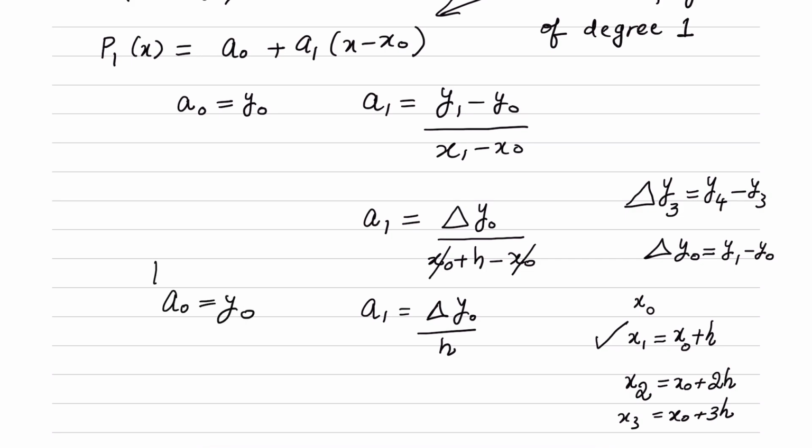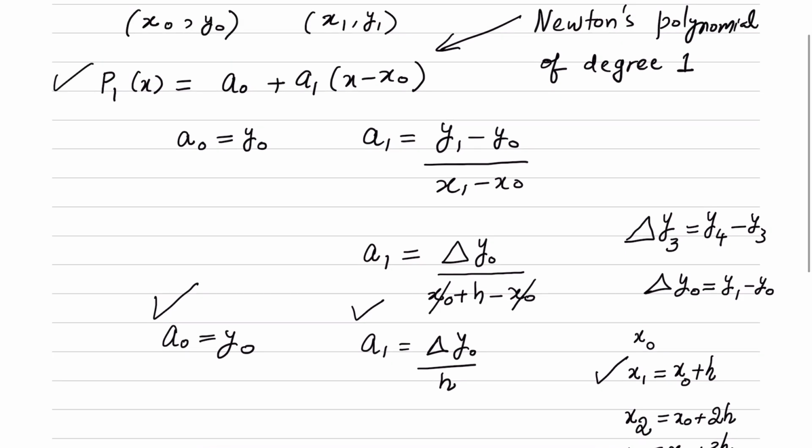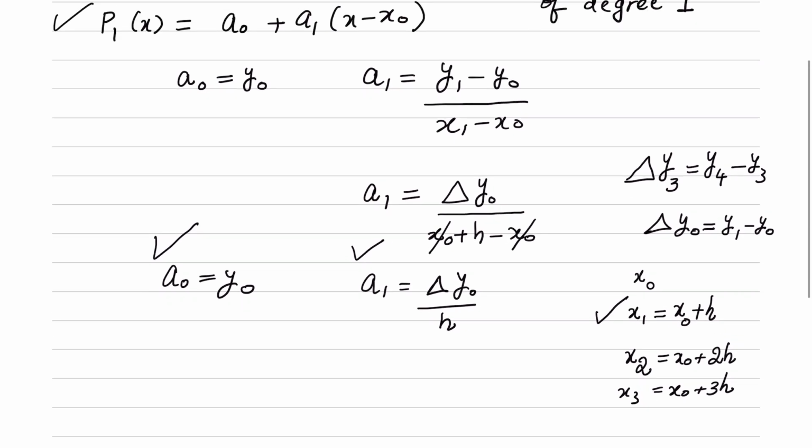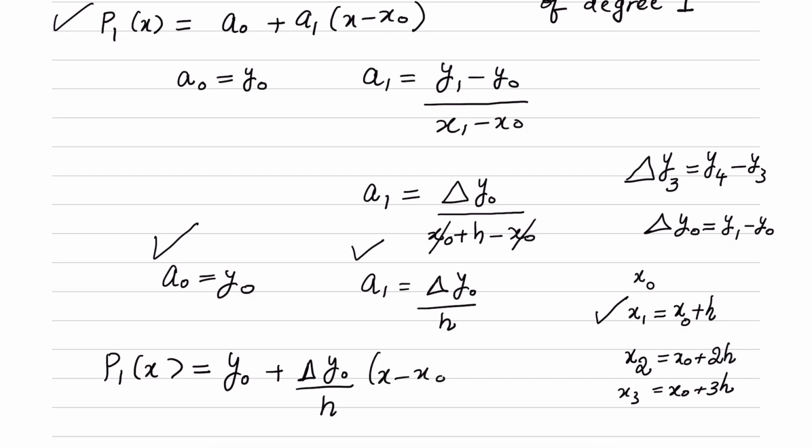So we will put these values of a0 and a1 in our Newton's polynomial, P1 of x equal to a0 plus a1 into x minus x0, and we will have P1 of x equal to y0 plus forward y0 over h into x minus x0.